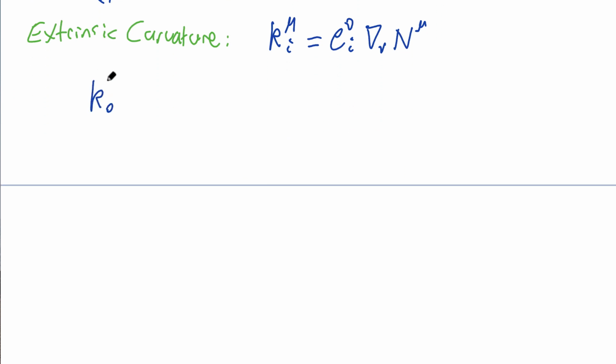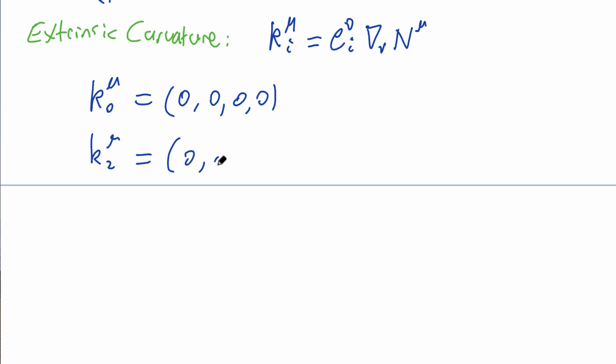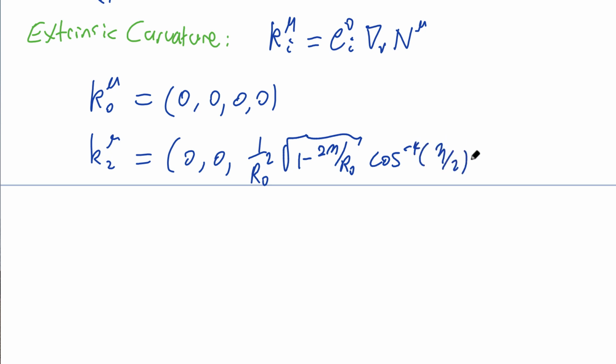The zeroth extrinsic curvature vector is just 0. The second one, the extrinsic curvature vector associated with E2 is 0, 0, 1 over r naught squared times square root of 1 minus 2m over r naught times cosine to the minus 4th power of eta over 2, 0.